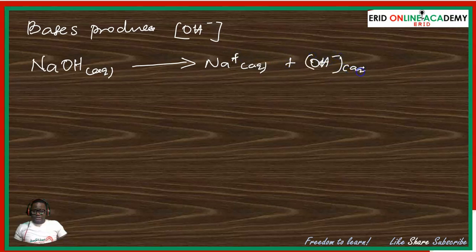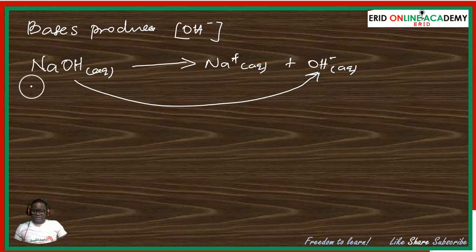Therefore, the strength of this base depends on the extent to which the base can produce hydroxide ion in solution. If this base cannot produce as much hydroxide ion, the concentration of hydroxide ion in solution would be lesser than if the base could release all the hydroxide present and put it in the solution.